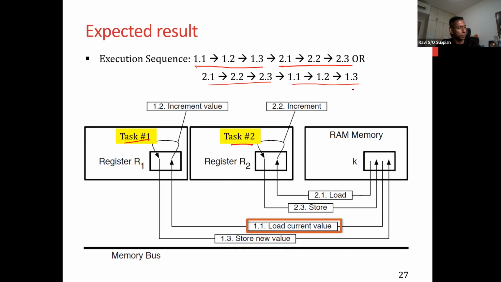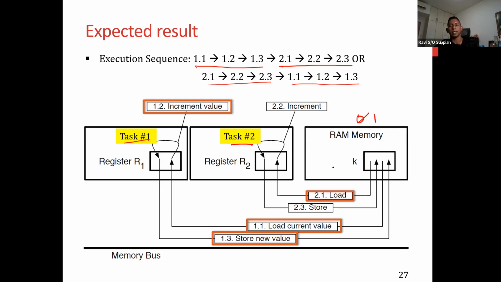Let's assume that in a very nice scenario, I complete all 3 steps for task 1. Initially the k value is 0, so when task 1 does all 3 steps, it will become 1.